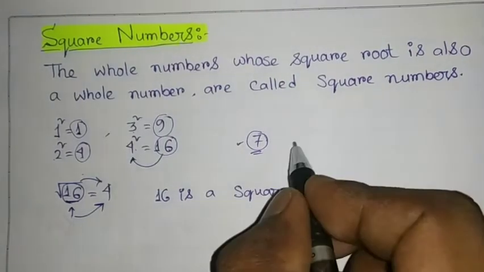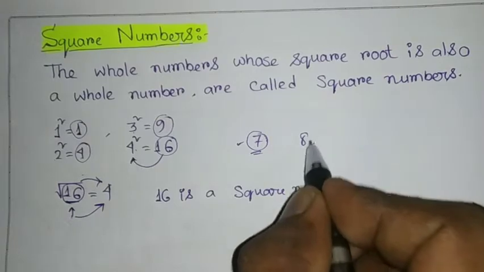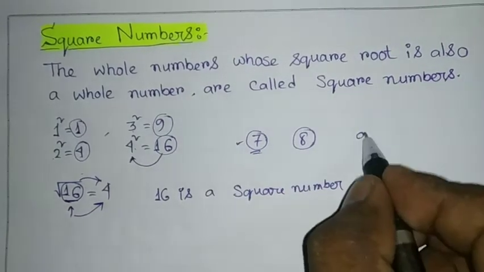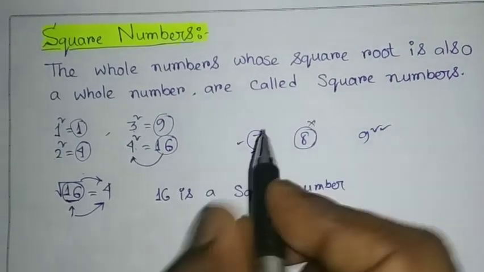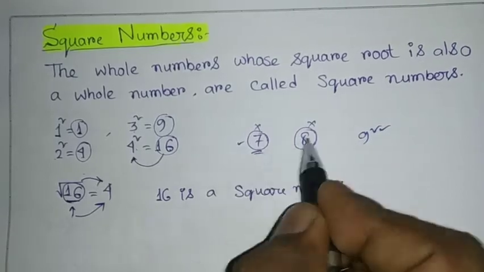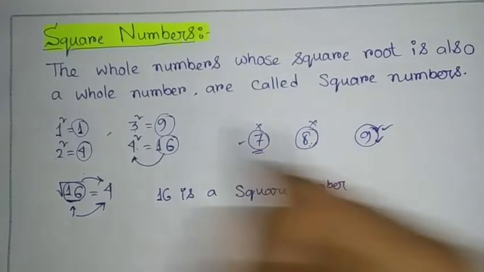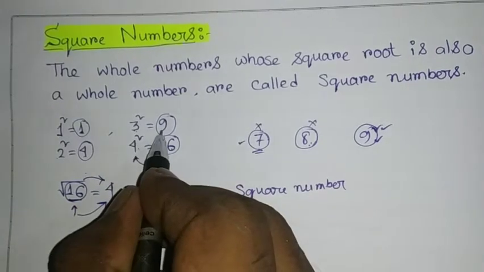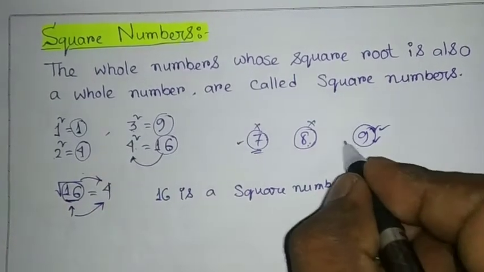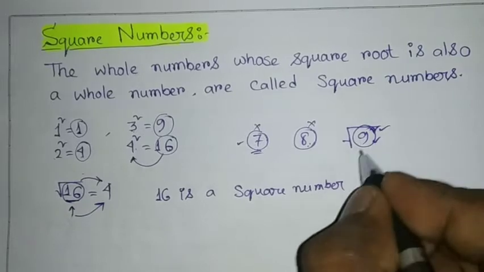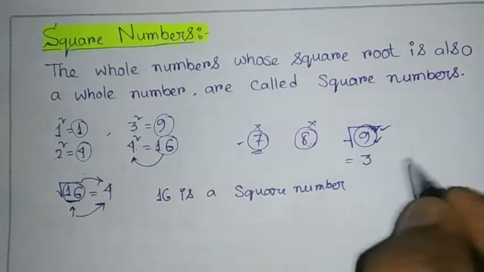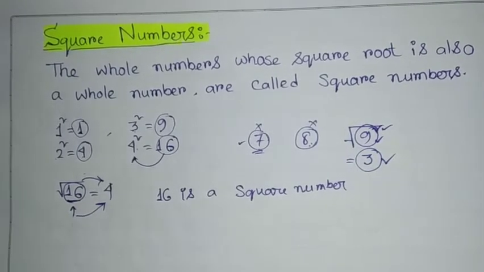Similarly, 8 is not a square number, but 9 is a square number. How? Because 3 square is 9. That means if I find the square root of 9, I get 3, which is a whole number.